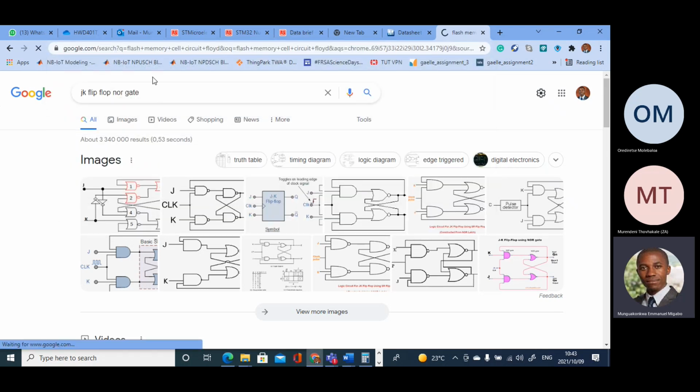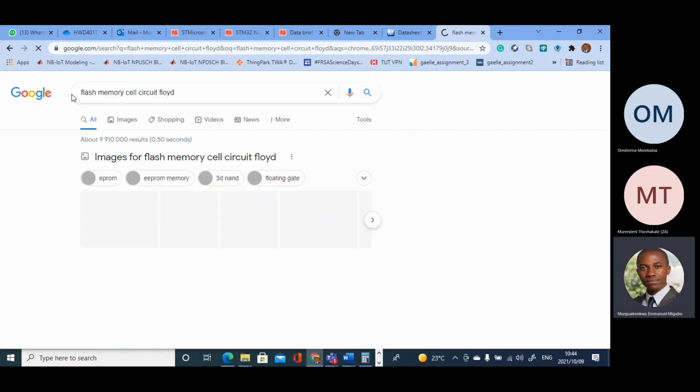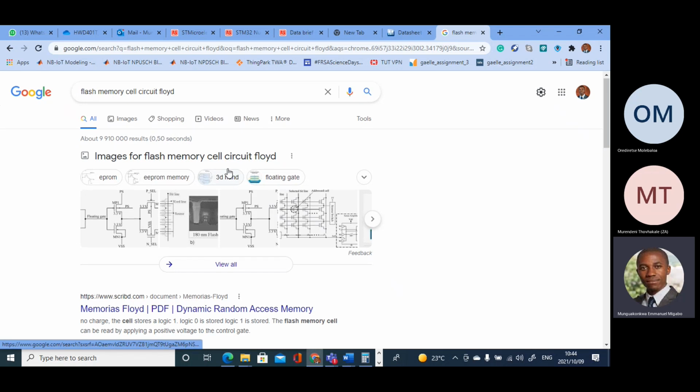You guys use Floyd as well. Digital Fundamentals. Agree? Check it. It's stuck or what? Yeah, you had a floating gate.